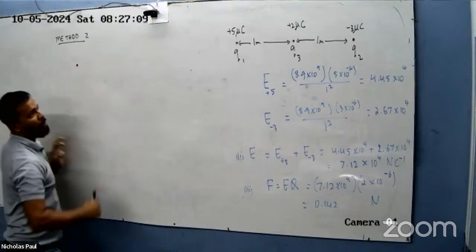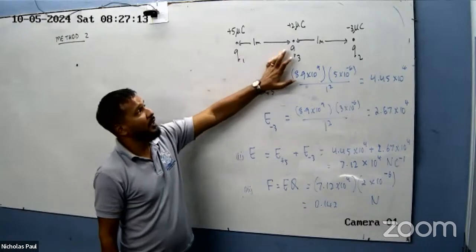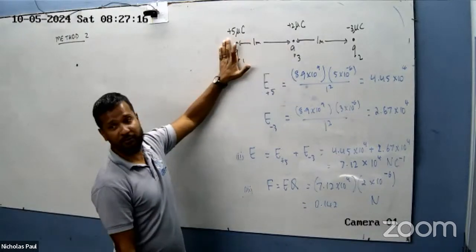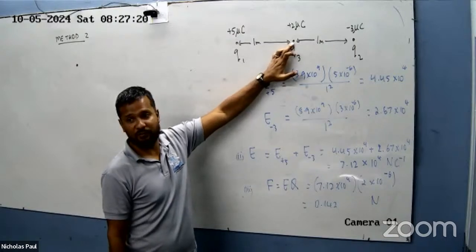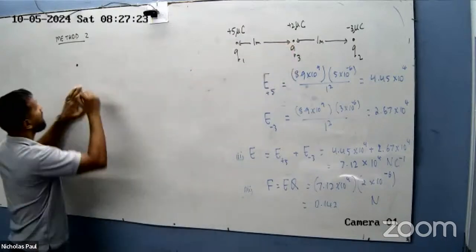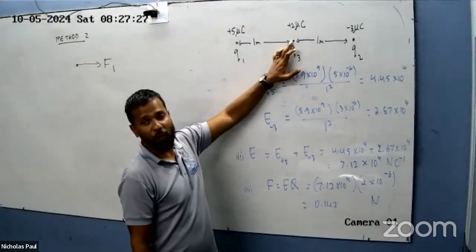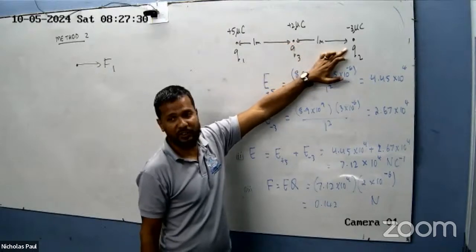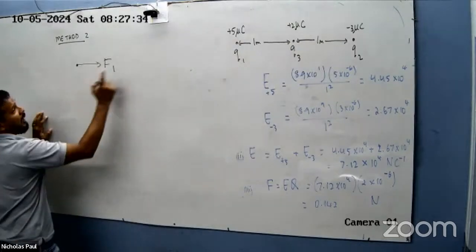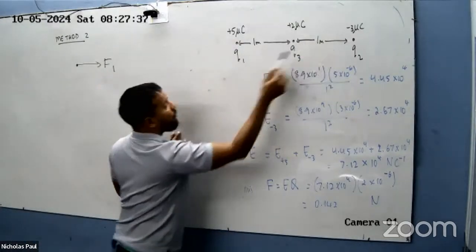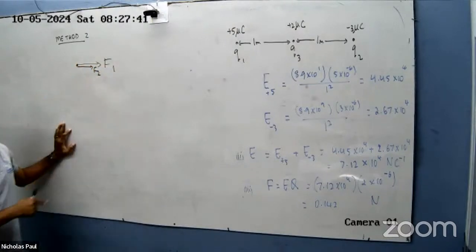Quickly, what direction is the force in? There's a positive charge. What direction will the force be in on this charge? Push it away, so that's the force called F1. What about the force exerted by this charge? It attracts as well, because there's a positive charge, it will go that way. So both F1 and F2 are in that direction.